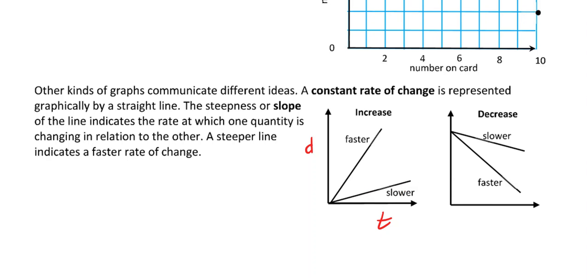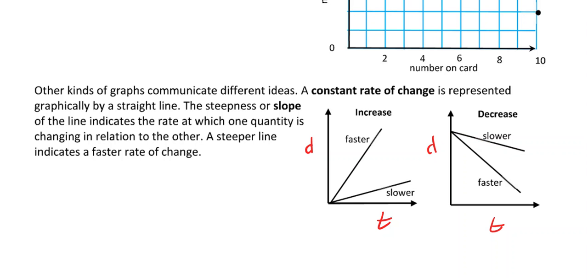Yeah? Okay. You can do it the other way too, where if this was a distance time graph and it had more of a slope, that thing's still moving faster, it's just moving in the other direction. And this one's moving slower if it's going down like that. I made this into a distance time graph because a lot of times that's easier to picture with rate of change. But this is really any rate of change question.